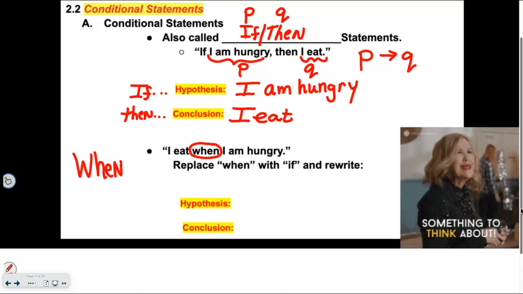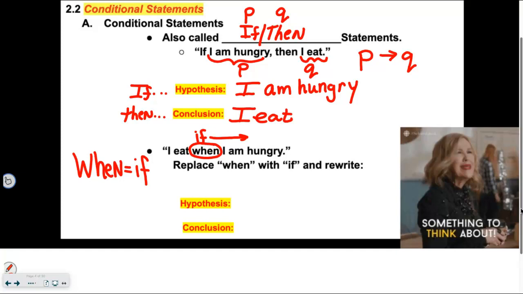So, I suggest you have highlighters out, and I have certain terms highlighted up here, but I will also put some others on there. So, when you see the word when, I want you to think of the word if. Okay? So, I'm going to write the word if above this, and you follow the if. Okay? So when equals if, and we follow the if when we rewrite this.